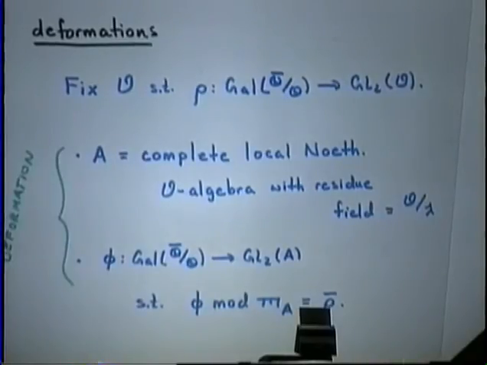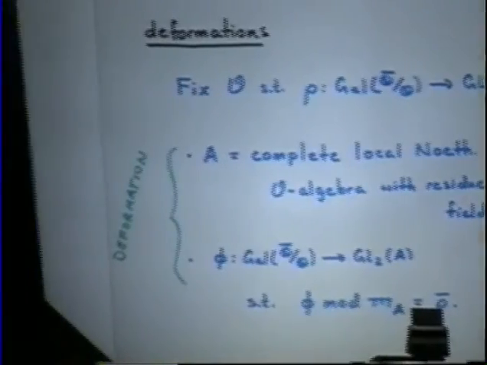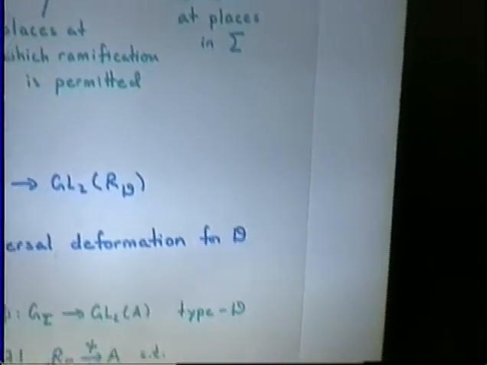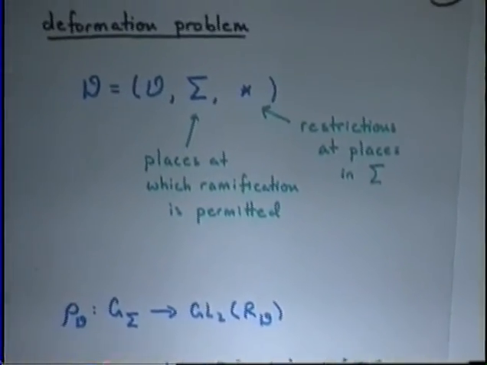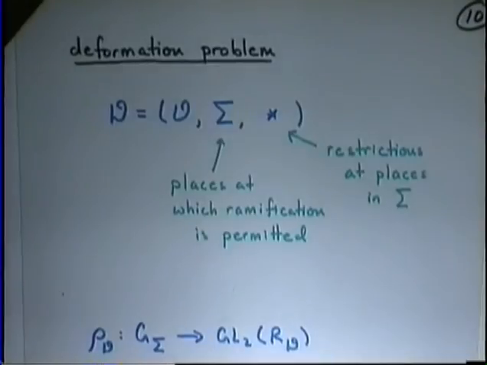So somehow we're looking at all lifts of our residual representation, and then we can formulate deformation problems. So we can look at classes of deformations with prescribed conditions. We can say, let's look at all the deformations with ramification in some finite set of places, and then maybe we can pose further restrictions at these primes.